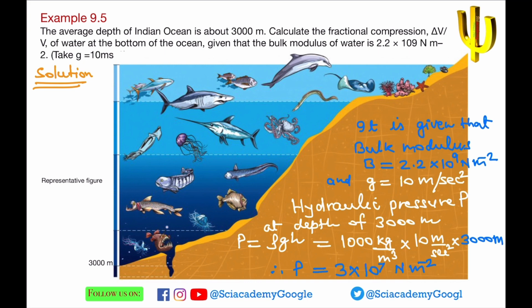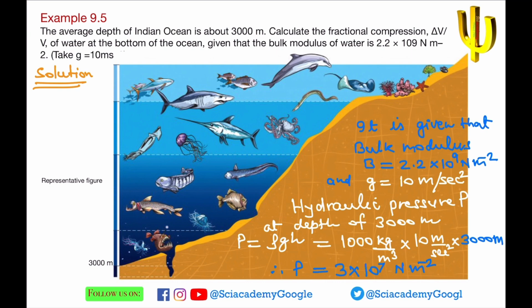Rho is the density of water, 1000 kg per meter cube, g is 10 meter per second square, and h is 3 kilometer, that is 3000 meter. After calculation we get the pressure at the depth of 3 kilometer equal to 3 into 10 to the power 7 Newton per meter square.